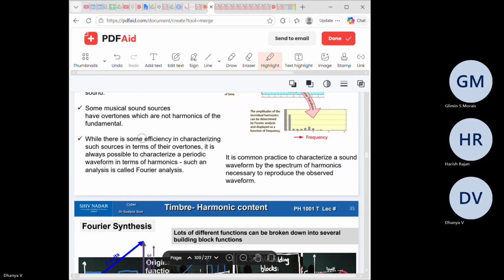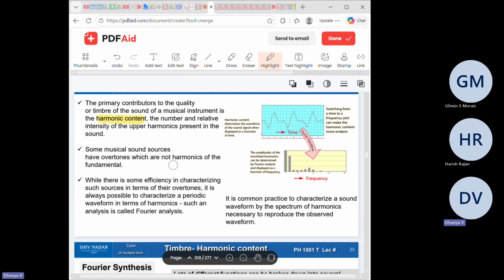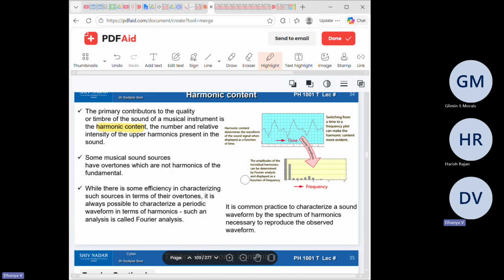While there is some efficiency in categorizing such sources in terms of their overtones, it is always possible to characterize a periodic waveform in terms of harmonics. This is called Fourier analysis. The harmonic content determines the waveform of the sound signal when displayed as a function of time.